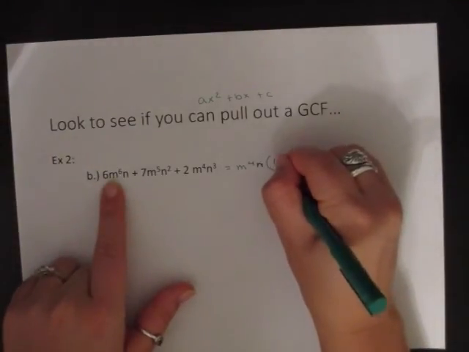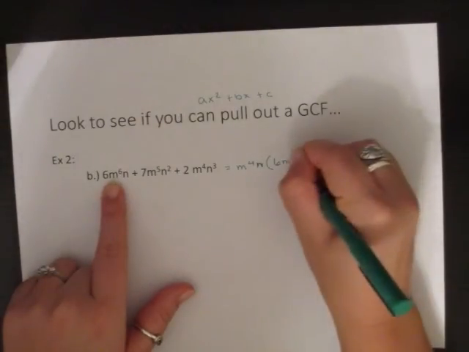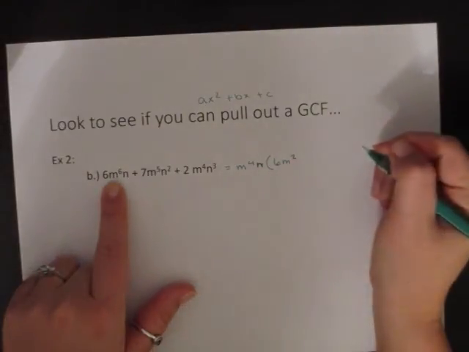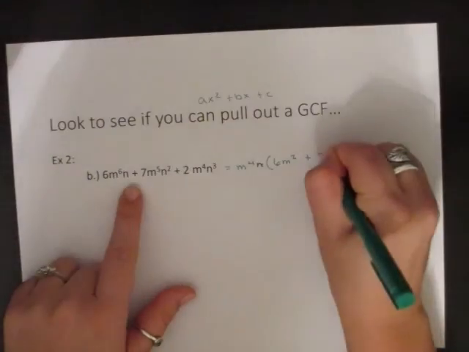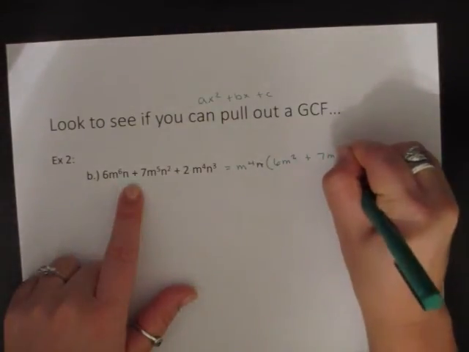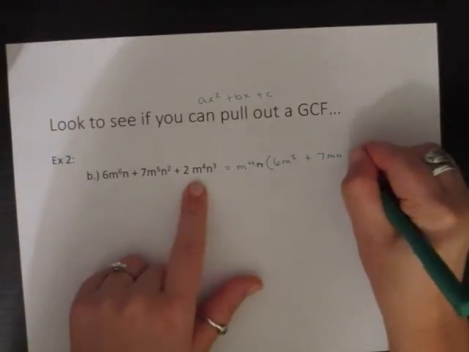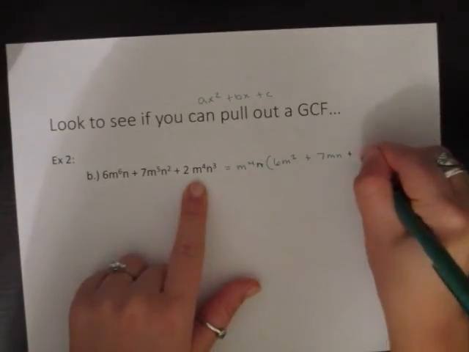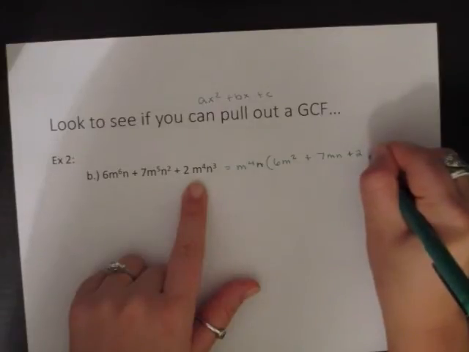So I'll be left with 6m squared plus 7mn plus 2n squared.